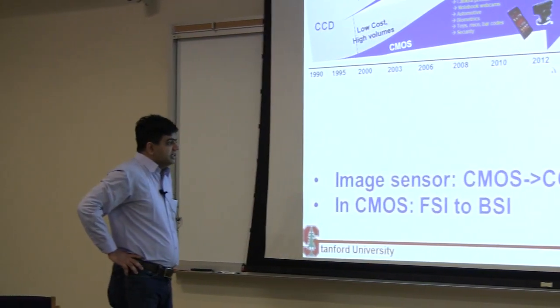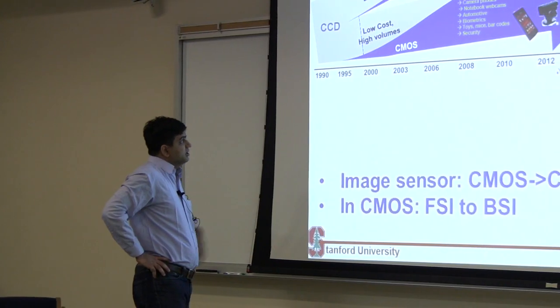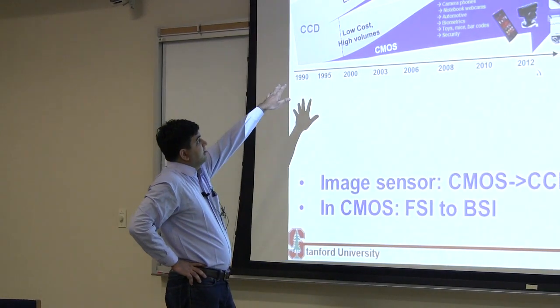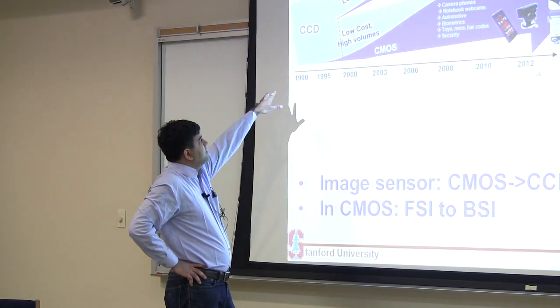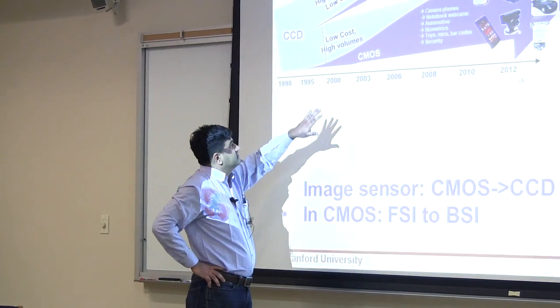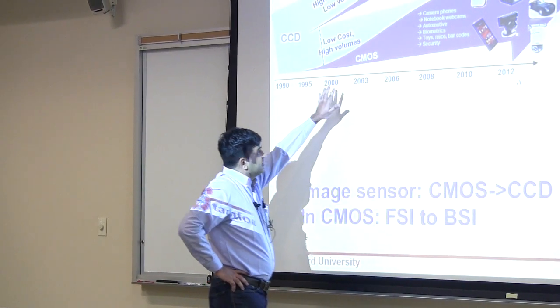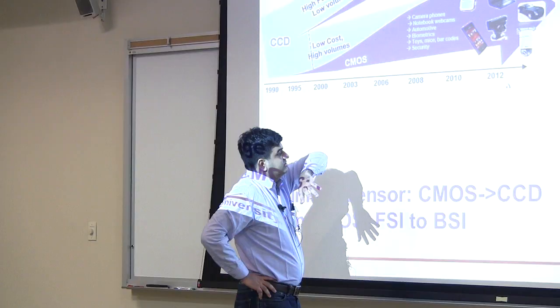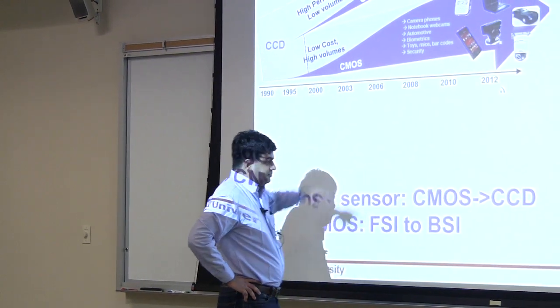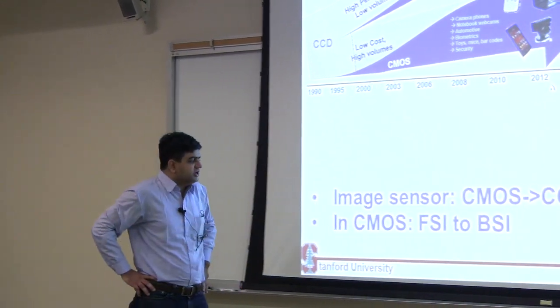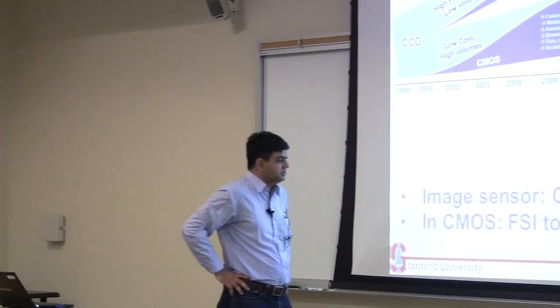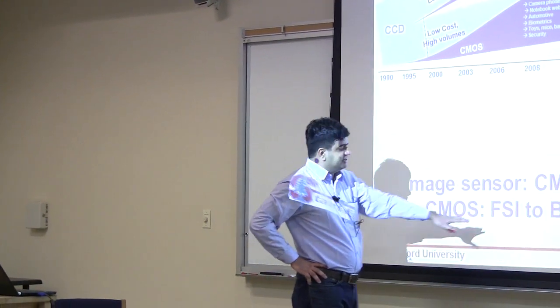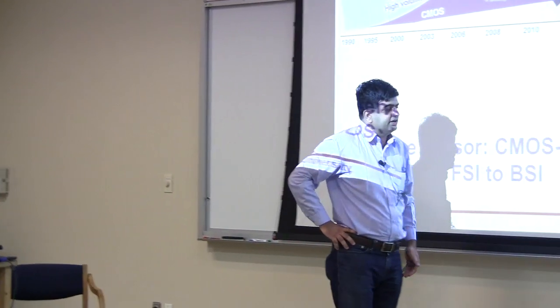And what has happened is CCD used to be very prevalent up till 2000, but nowadays almost everything is switching to CMOS. And even within CMOS, things are switching from front side illumination to back side illumination.